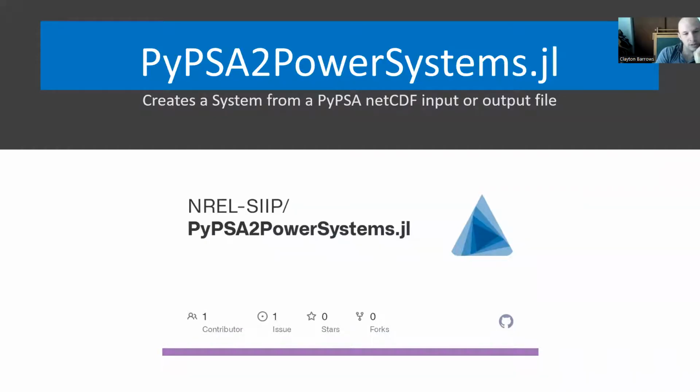So this will take the scenarios that Max created with PyPSA and create a system. There are definitely areas where this is incomplete, but it does a decent job of translating the data and all the time series that comes out of it. And I'll show some examples of that in a minute.